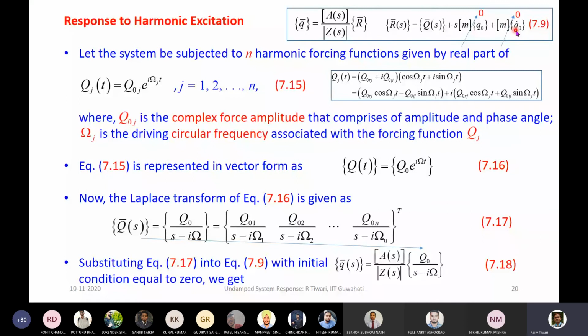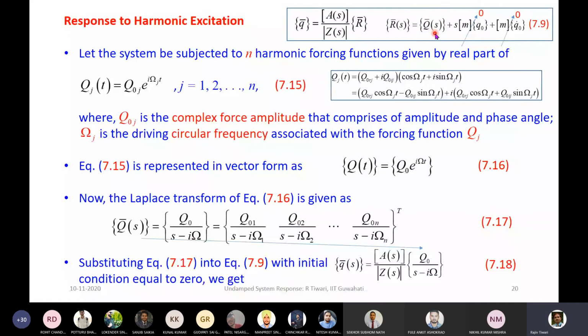Because it is a linear system, if we want to obtain the response due to a combination of these, we can superpose them. Whatever response we obtained earlier can be added to the response obtained because of the external force using the superposition theorem. So that can be used directly. Here we are ignoring the initial conditions because we have already obtained the expressions for that. We will only consider the external force.